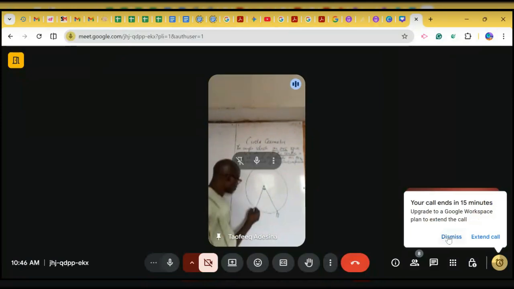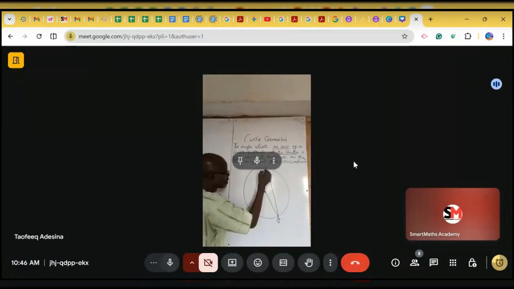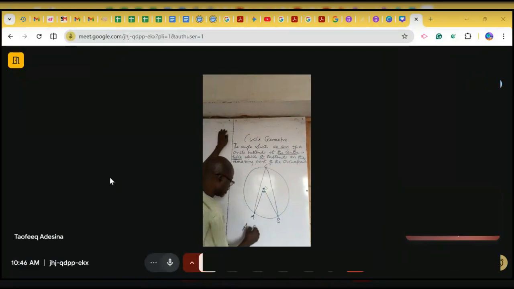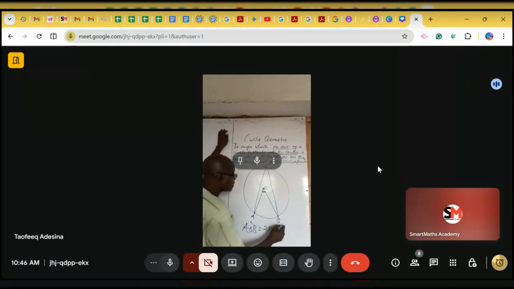From this point, if I go like this, what I'm trying to do now is this angle here; this angle will always be 2 times angle ACD.